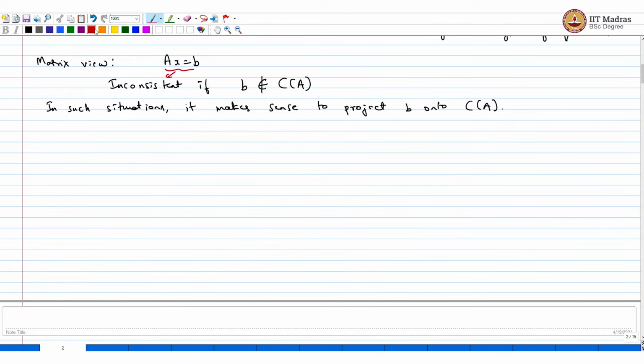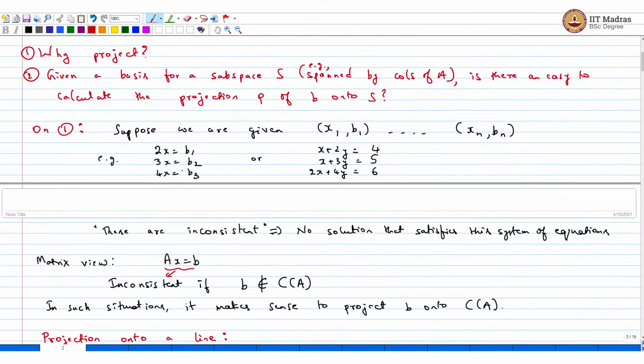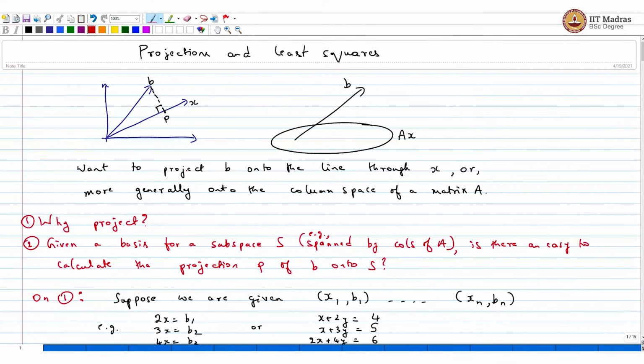So let's start the discussion with projection onto something very simple, the very first figure that I had done, projection onto a line. Look at this figure, the very first figure. Let me call this figure 1.